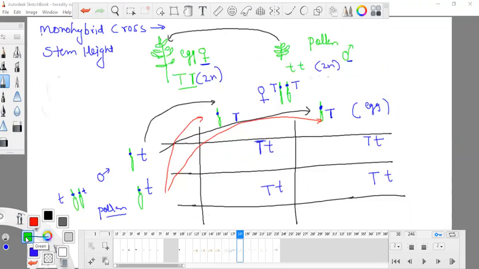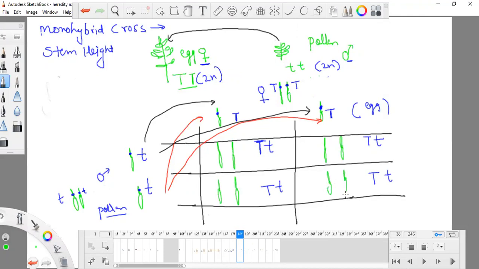So two T's. One chromosome comes from one parent and another chromosome from the other parent. Each and every time, one it is getting from its mother and one from its father. Just write Tt, that is my answer.